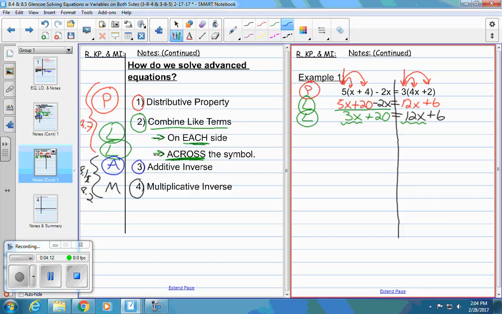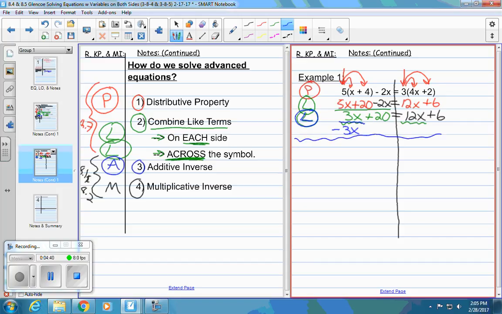If I want this 3x to disappear from the left side, what number am I actually trying to turn it into? If you hypothesize I'm trying to turn this 3x into a 0, you are correct. So what is the opposite, the additive inverse of 3x? Negative 3x. So this is how we get like terms across an equal sign.